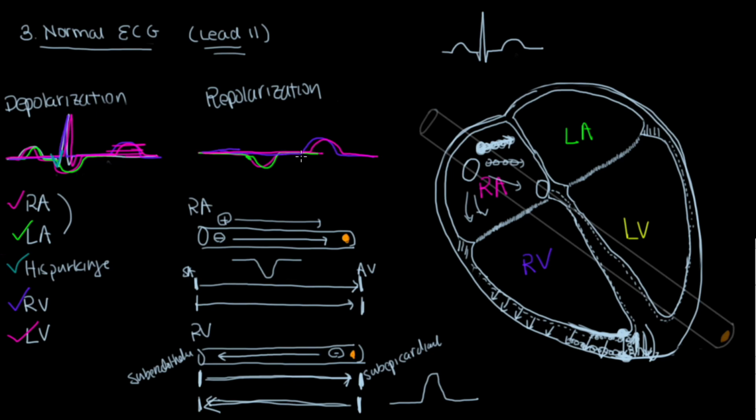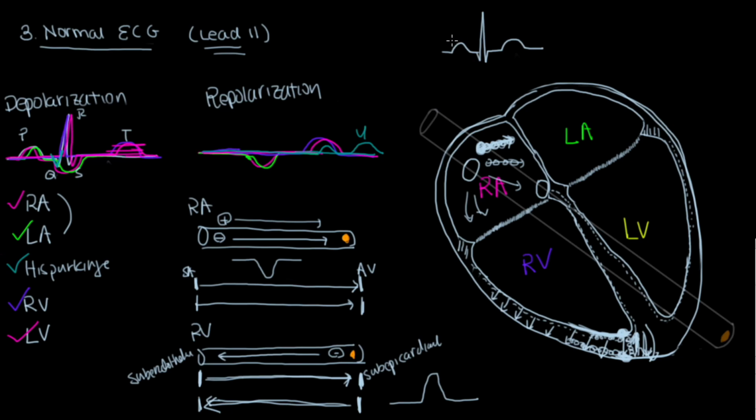So what you'll usually see here is it's usually buried under the other ventricles repolarizing as well. But sometimes it's actually a little bit more delayed, and you'll see it here, and that'll be called a U wave. So we have our P wave here, Q wave, R, S, T.